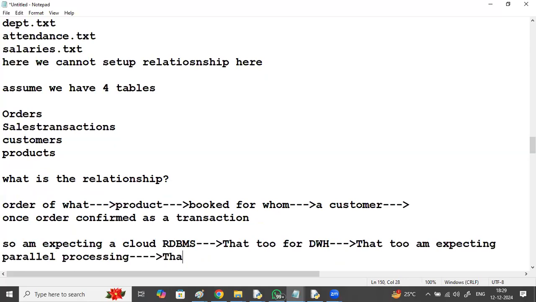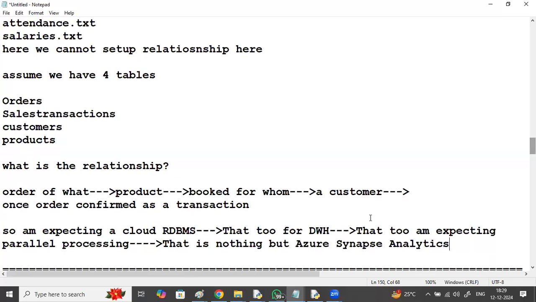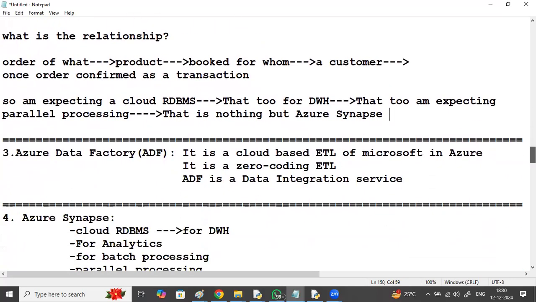That is nothing but Azure Synapse. If I talk about this Azure Synapse, one second, I'll come back to this.